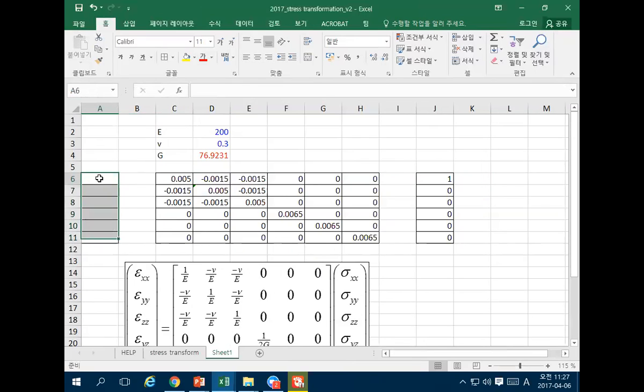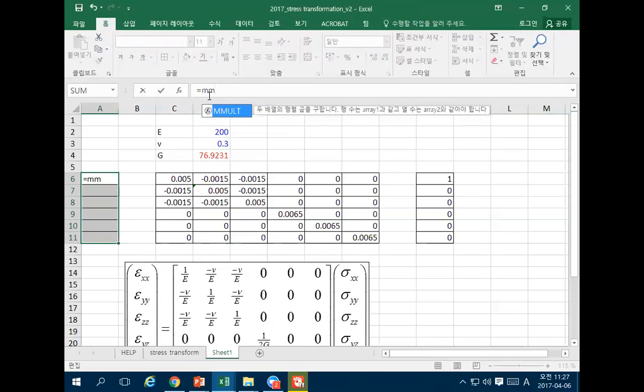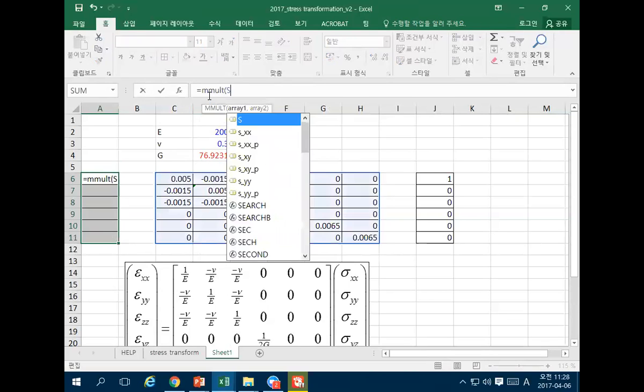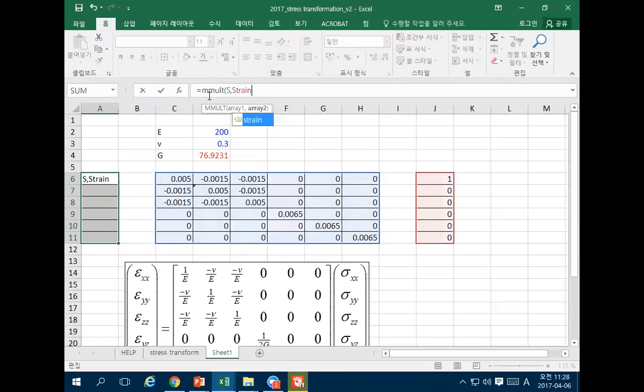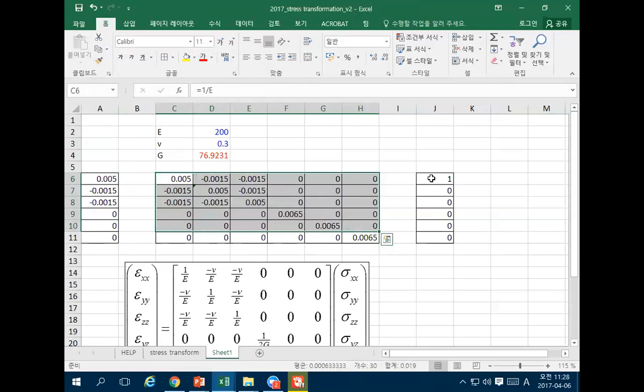Stress. 그래서 잘 봐요. 스트레스는 뭐예요? 이놈 곱하기 저놈이죠. equal matrix multiplication, S matrix times strain. Then this matrix multiply 이거가 된 거예요. 그래서 여기에 뭐 2를 곱한다, any value you enter, 하면 이 stress is automatically calculated.